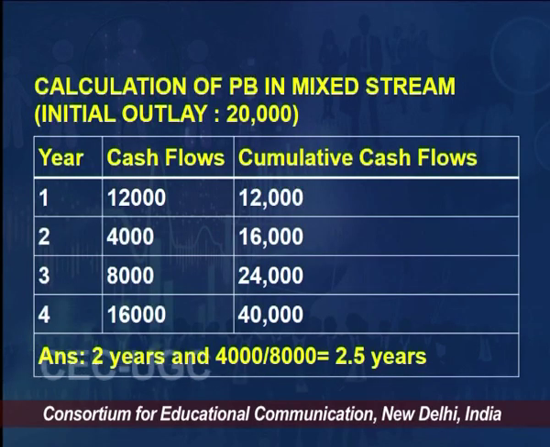Why am I saying people commit mistakes here? Because most people will take the remainder 4,000 which is to be recovered and divide it by the cumulative amount of the third year. In this case it is 24,000, which is a mistake, right? I have seen students committing this mistake very often, and during my classes I really caution them to be careful about this.